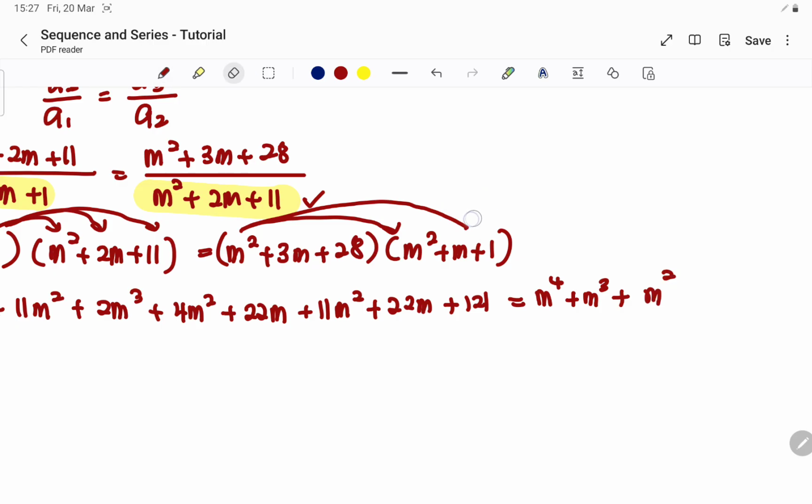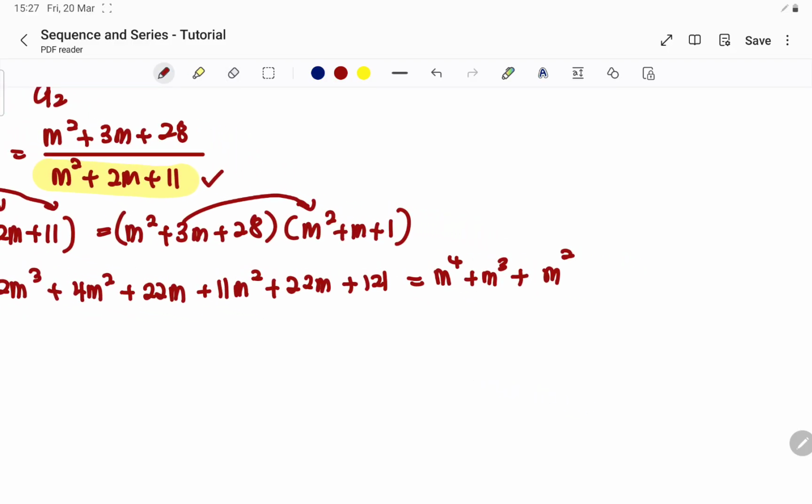Now we do the second term, where we have 3m multiply with m square, you're gonna get 3m cubed. 3m multiply with m, you're gonna get 3m square. 3m multiply with 1, you're gonna get 3m.